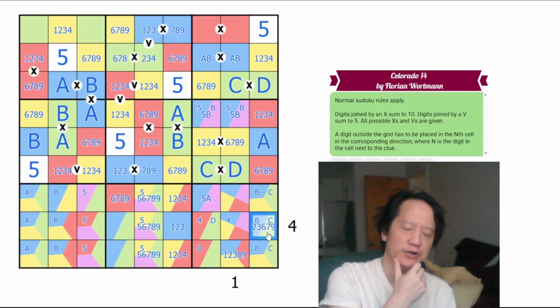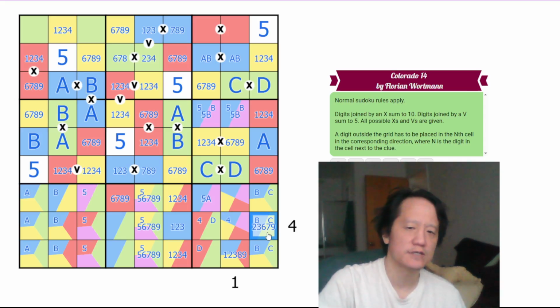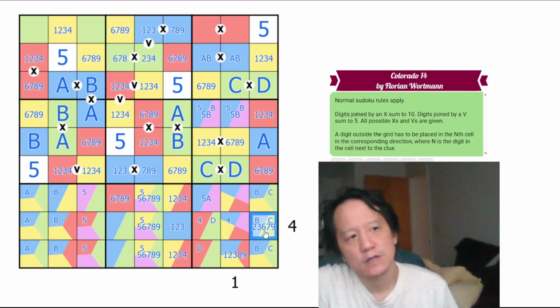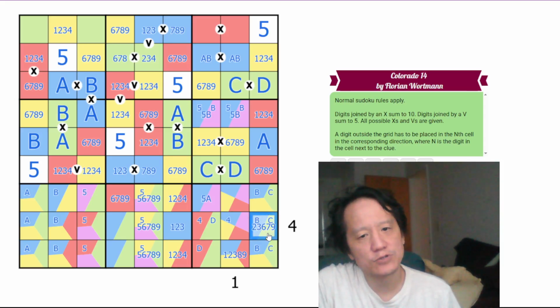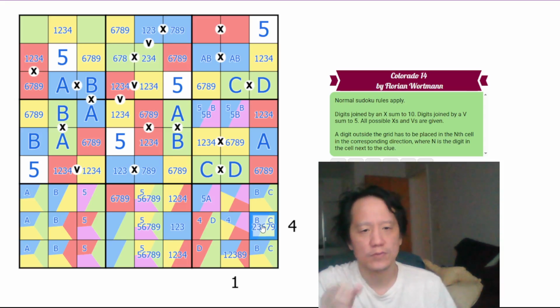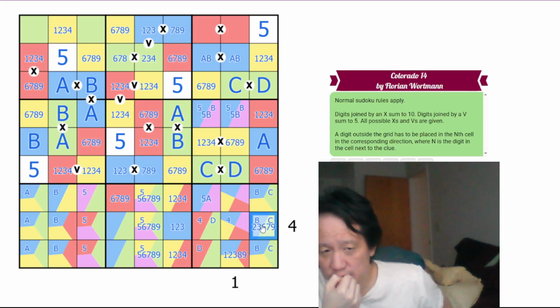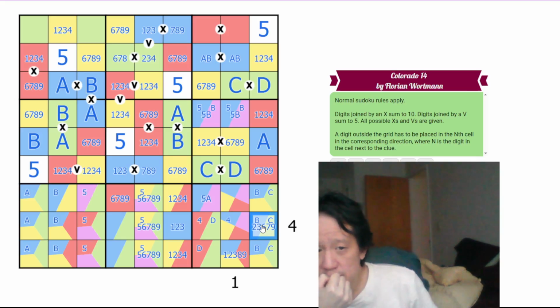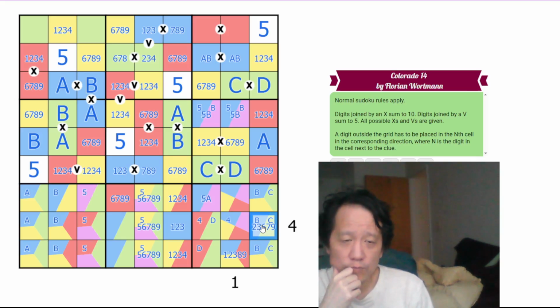The other scenarios, if it's 6... okay, so if it's 9 or 6, that means the green is 4 in either case. Okay. What does that mean? I'm not really sure.